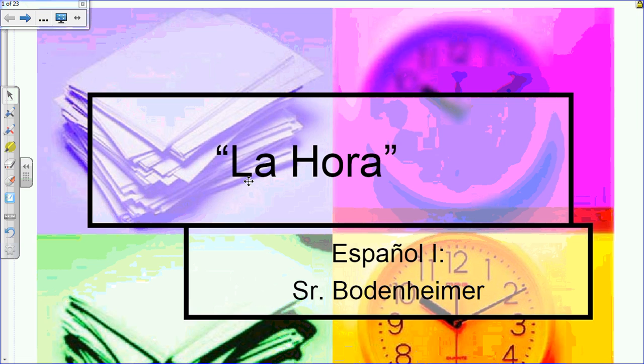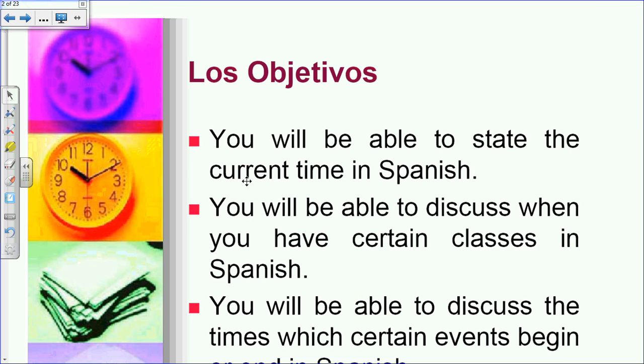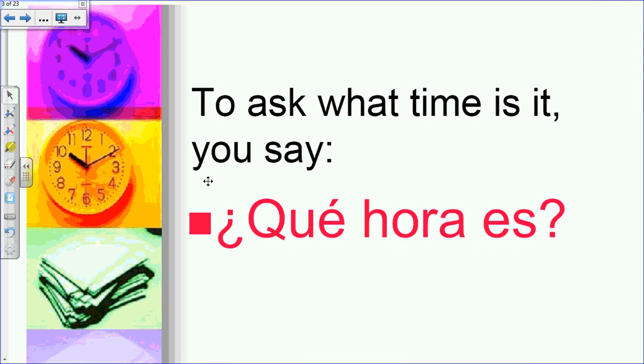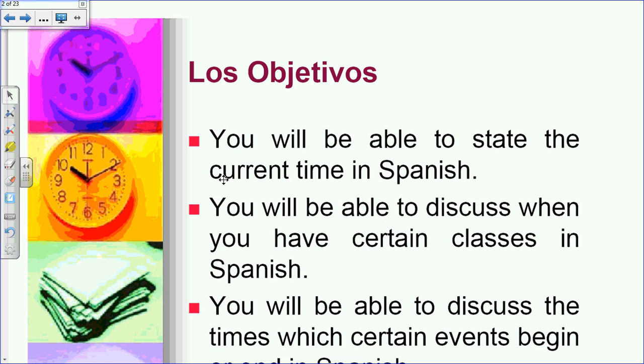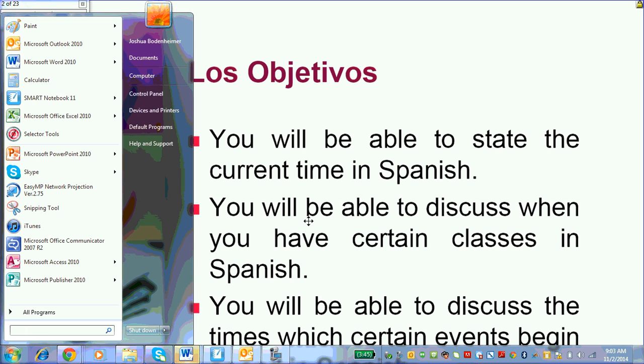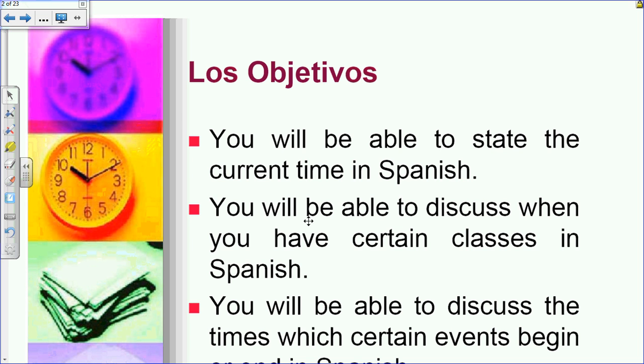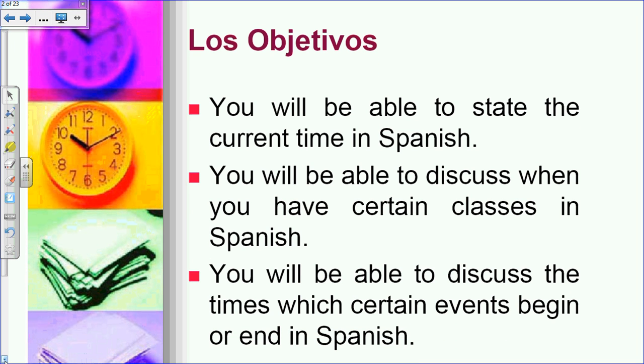So the objectives for today, what am I asking you? What should you be able to do at the end of this presentation? The first thing you should be able to do is, number one, state the current time in Spanish. Number two, you will be able to discuss when you have certain classes in Spanish.